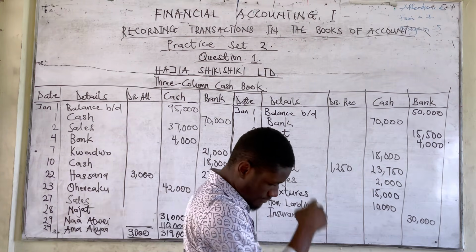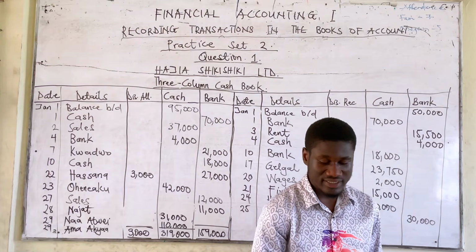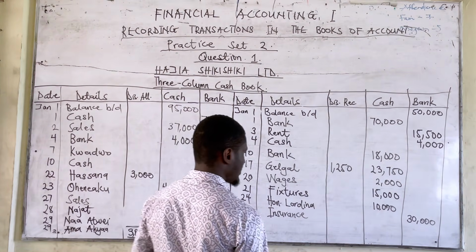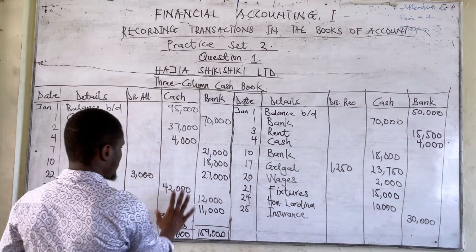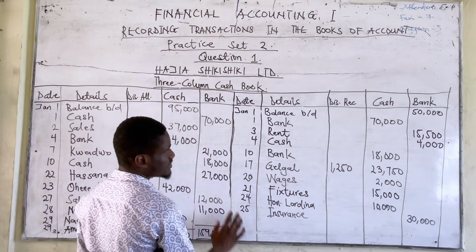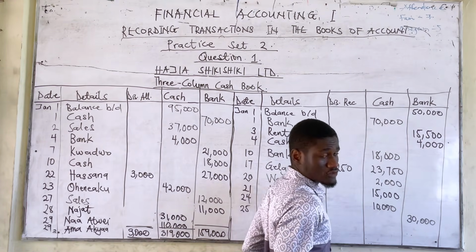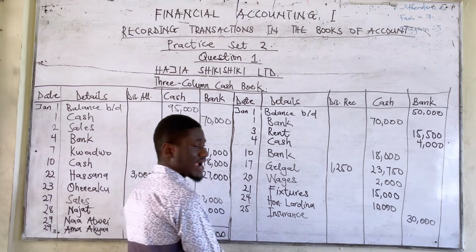Good. Then, so we are going to put these at both sides, okay? Because that's the bigger amount. The cash column here is greater than the credit side. The bank here is greater than the credit side. So we are going to record the totals at both sides and find the difference.